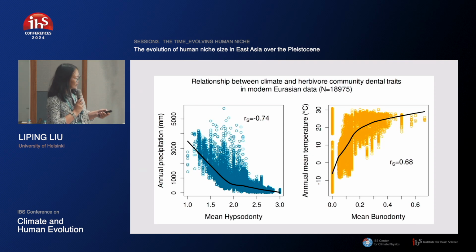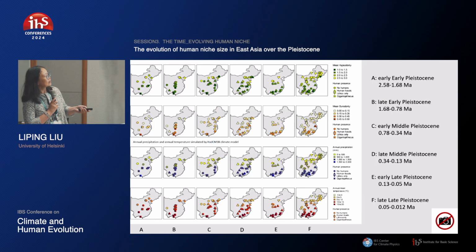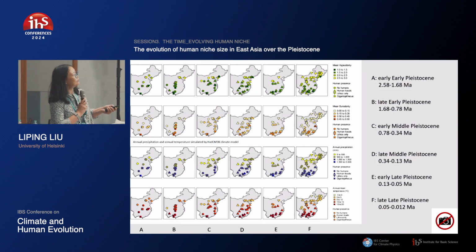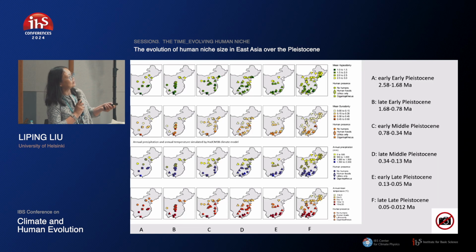And we just test this again. Here is the hypsodonty correlation with the precipitation, and the bunodonty correlation with the temperature. So it's quite significant. And we plot all these fossil sites in different time intervals through the Pleistocene, from the early Pleistocene, the late early Pleistocene, for example here, to the late Pleistocene. We use color to distinguish the values for the bunodonty and the hypsodonty.